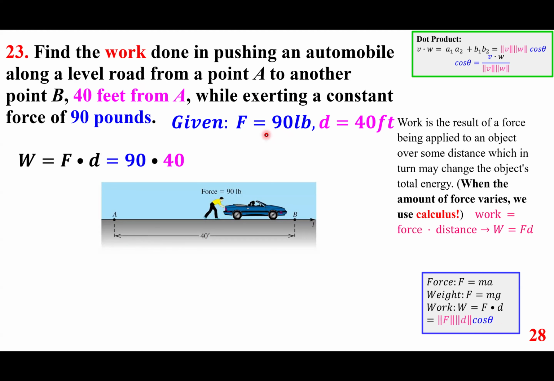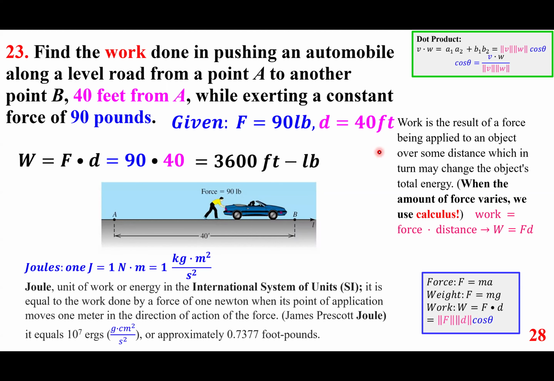You just multiply them and you get 3,600 foot-pounds. That is the unit. By the way, because they're going in the same direction, they make a zero angle, and therefore cosine of 0 is 1. Otherwise you have to include it. Magnitude of F is 90, magnitude of D is 40, and they make a 0-degree angle.